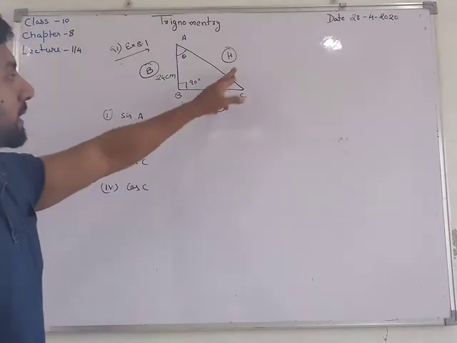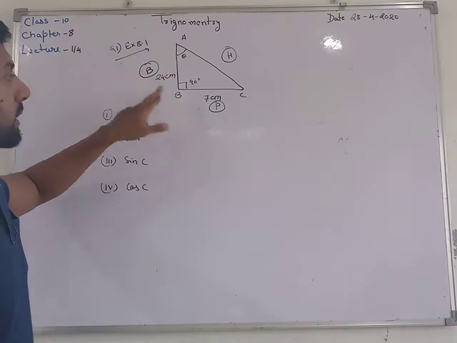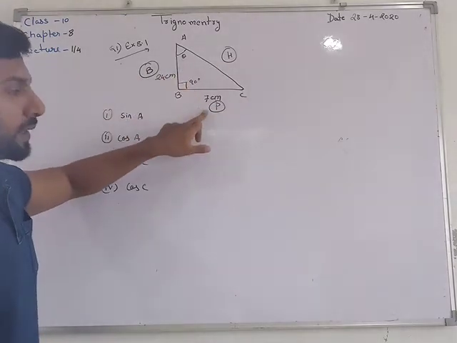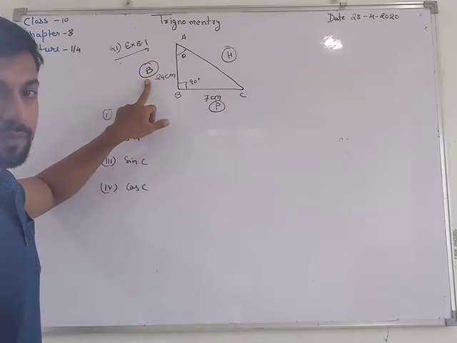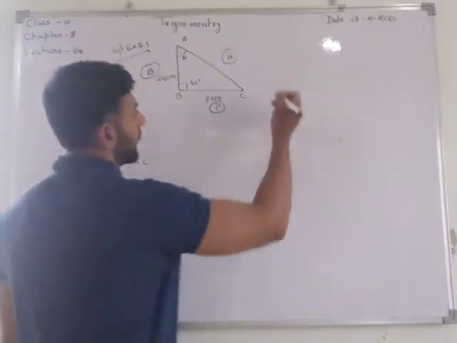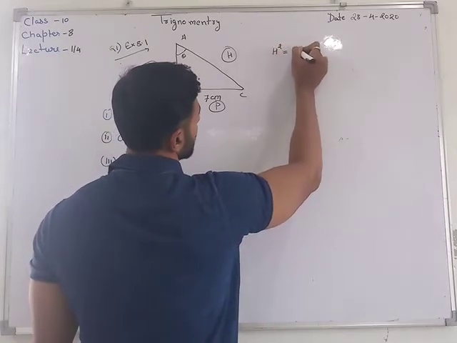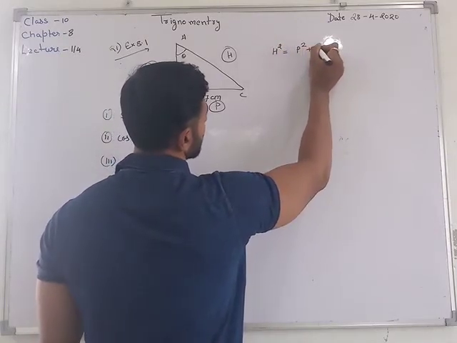So this is hypotenuse, this is perpendicular and this is base. Side opposite to 90 degree is hypotenuse, side opposite to theta is perpendicular, and including the theta will be base. Now applying the Pythagoras theorem. H square is equal to P square plus B square.